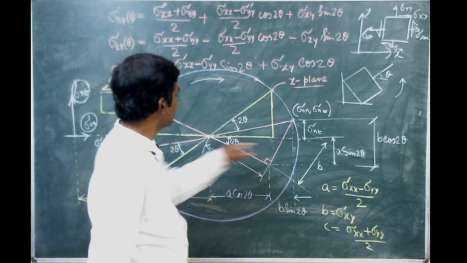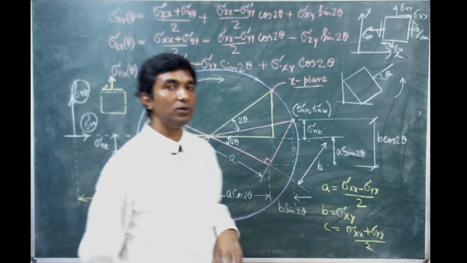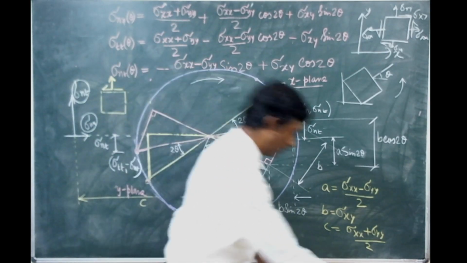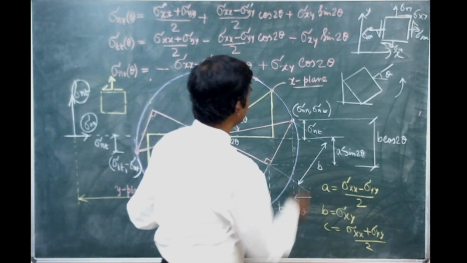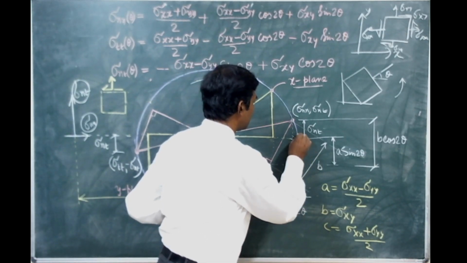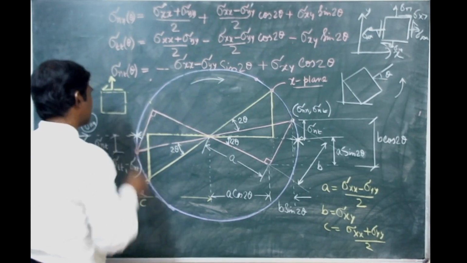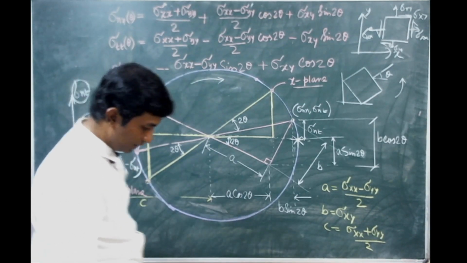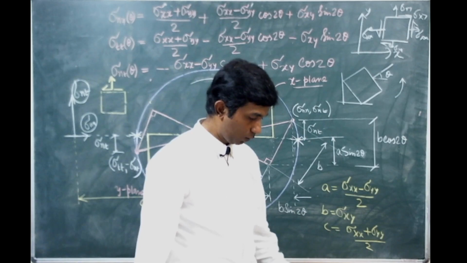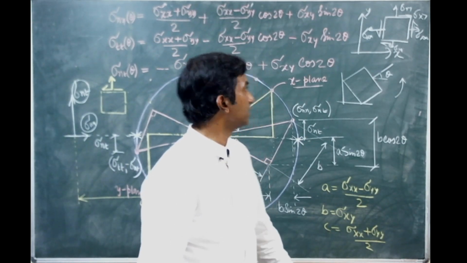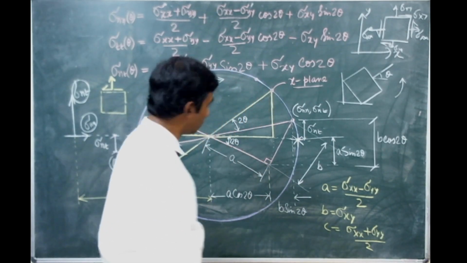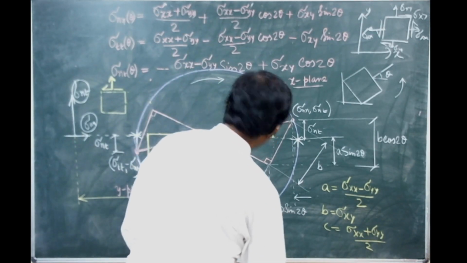But there are 2 points where they take 0 values. We shall see that these 2 points correspond to the principal stresses, that means a particular plane on which only normal stress would be acting.